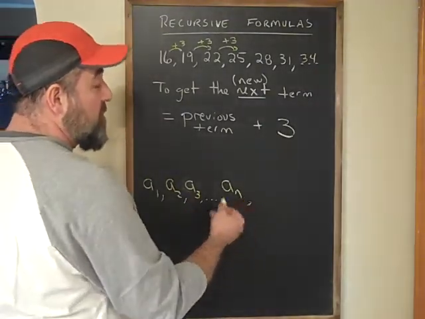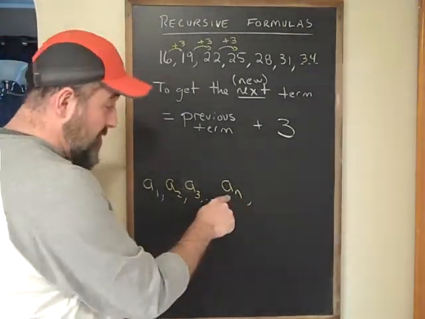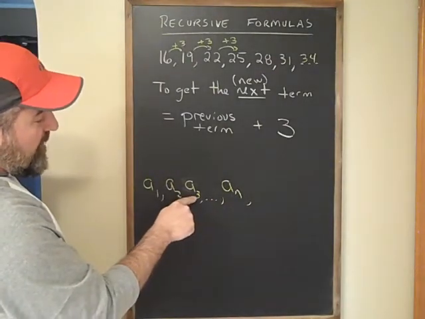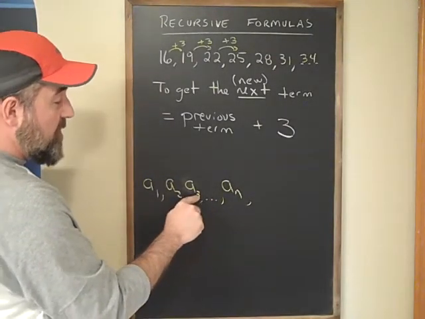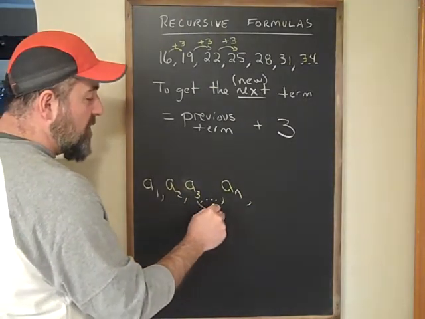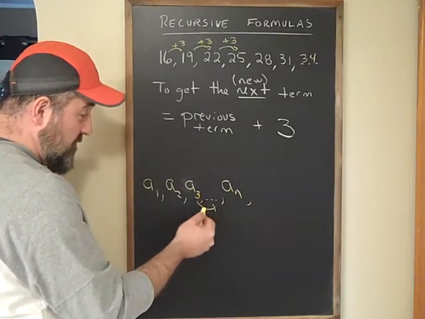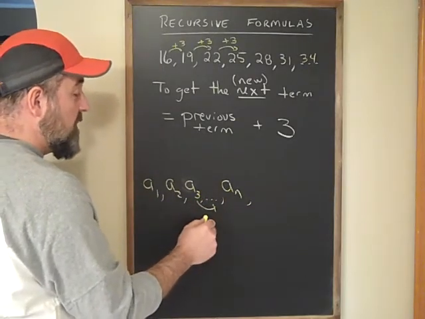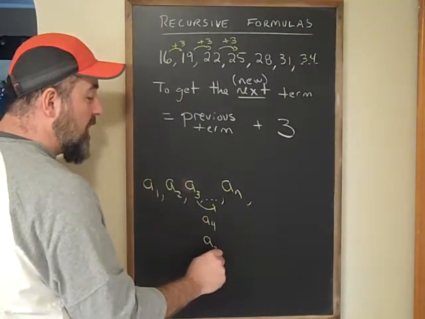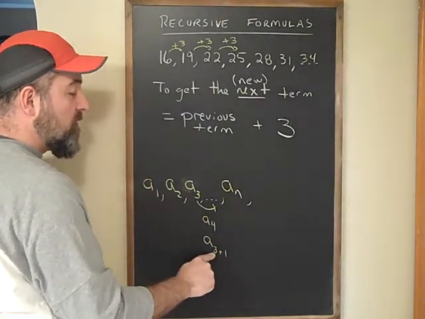And we could say the term after the any term. What term would be after a sub n? You know what would be after the third term. The n value would change to 4. Well, how do you get from 3 to 4? You just add 1 to 3. So you get your a sub 4 by basically saying, I add 1 to the 3.